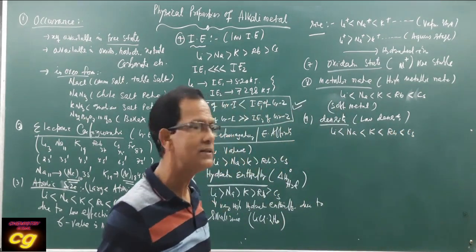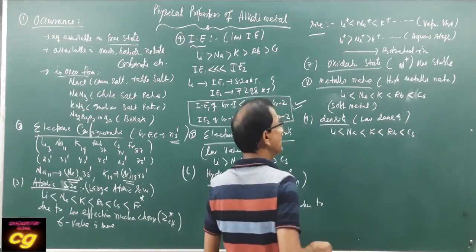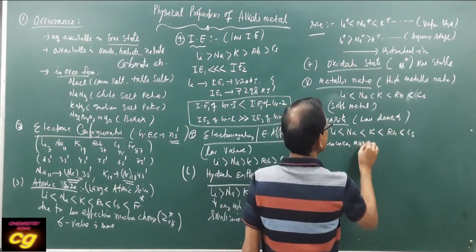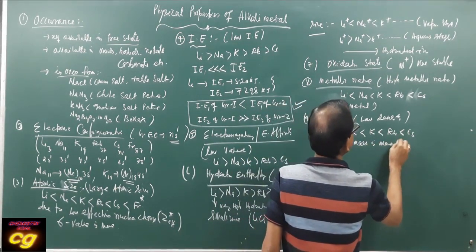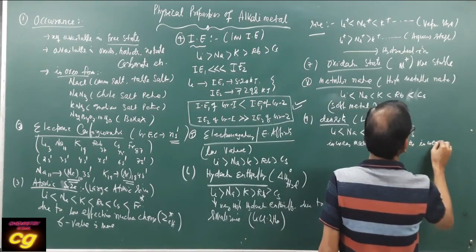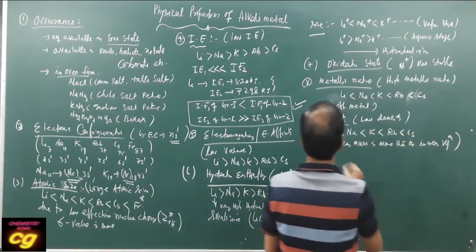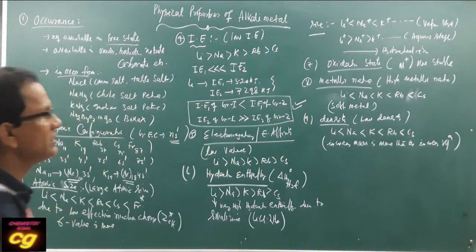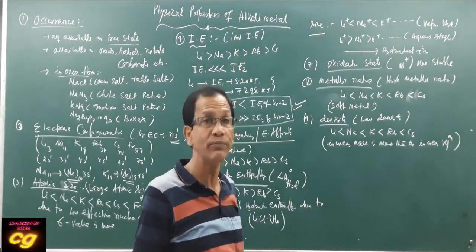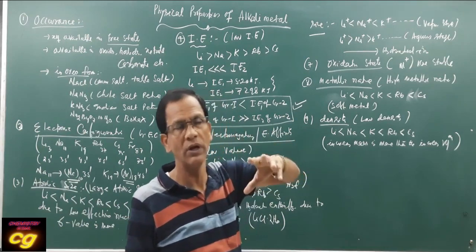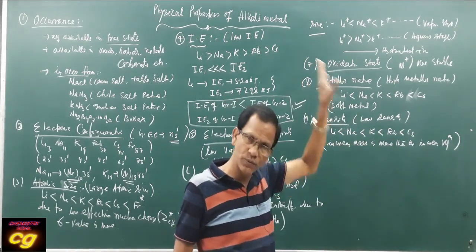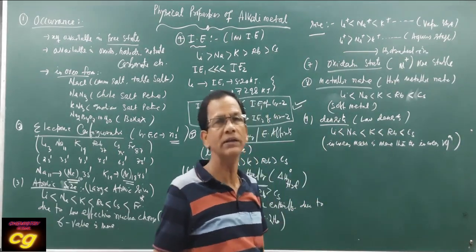Why does density increase? Because the increase in mass is more than the increase in volume. No doubt mass and volume both increase from top to bottom, but the increasing mass is greater compared to the increasing volume. That's why density increases from lithium to cesium.